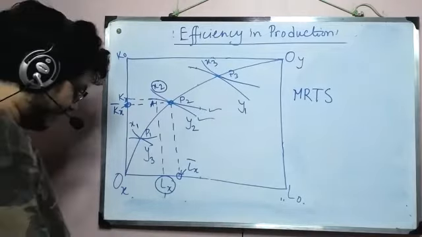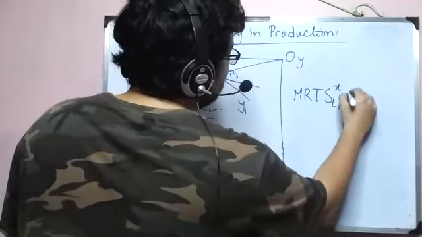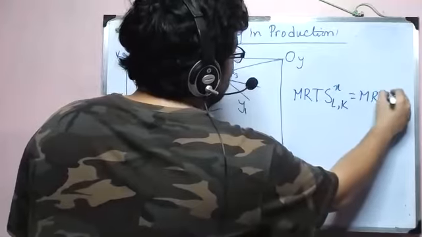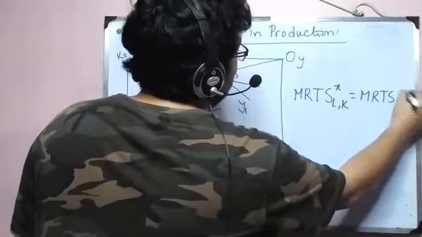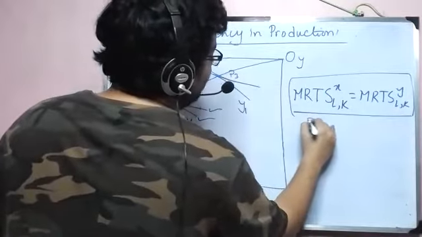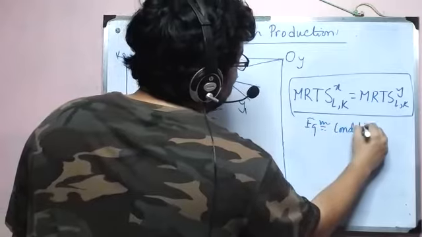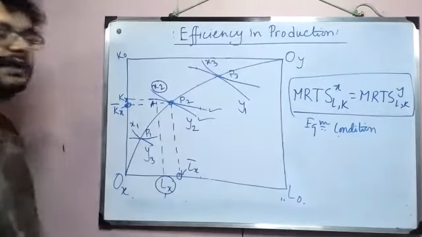So here we'll have MRTS L comma K for X equal to MRTS L comma K for Y. This equilibrium condition tells much more clearly the kind of problem that we are solving here.